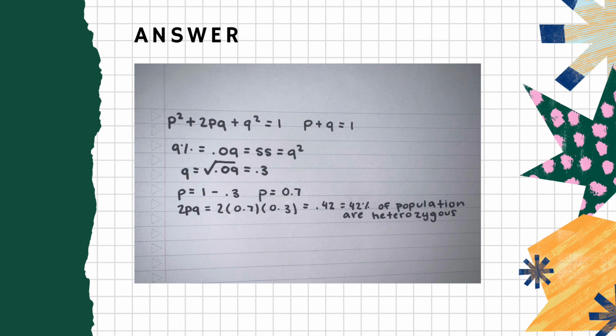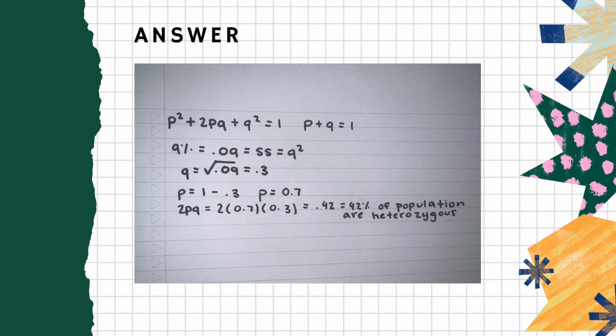So 9% of the individuals are homozygous for the recessive allele, so that is your q squared. So 0.09 is equal to q squared. To find q, we take the square root of 0.09, which is 0.3. To find p from q, we use p plus q equals 1, so p would be 1 minus 0.3, so p is 0.7.